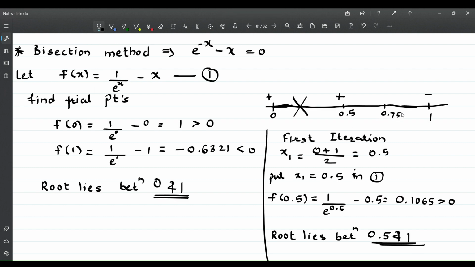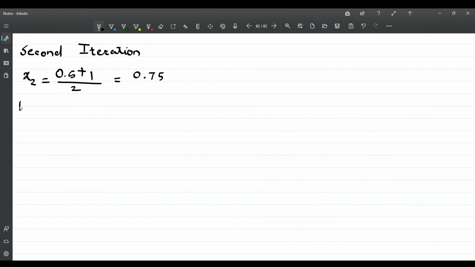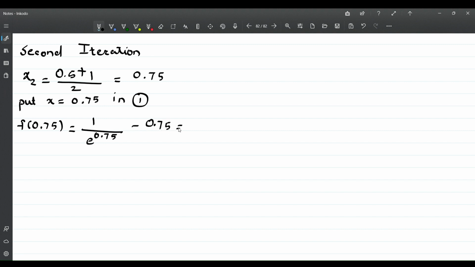Now we have to check whether f of this value is negative or positive. So what we have to do here is put x is equal to 0.75 in equation 1. Then f of 0.75 is equal to 1 upon e raised to 0.75 minus 0.75, because our equation is 1 upon e raised to x minus x.